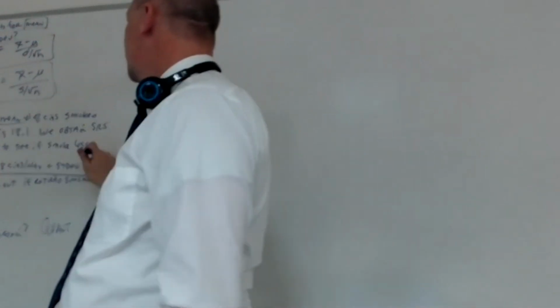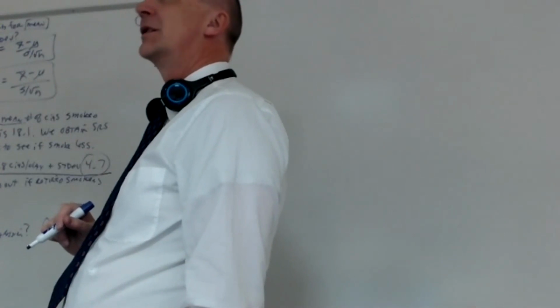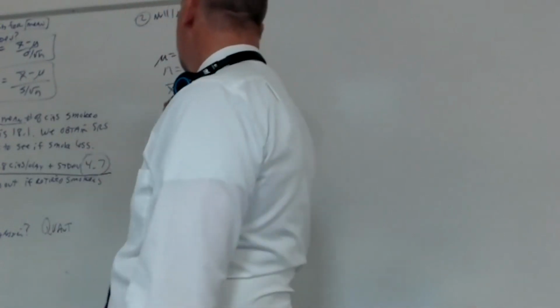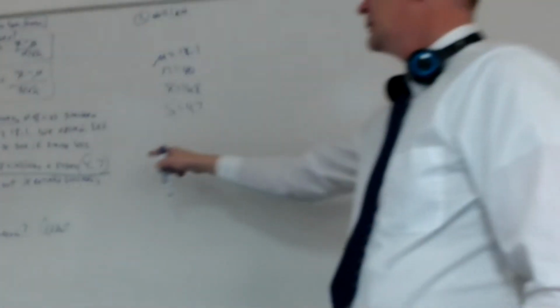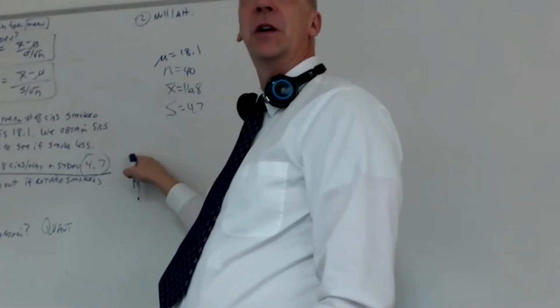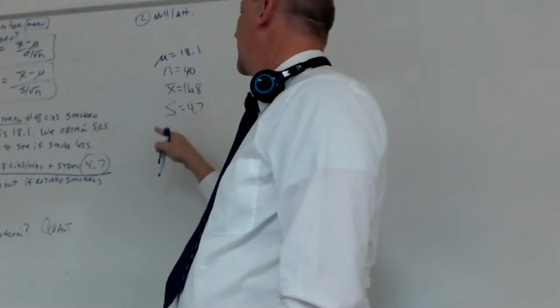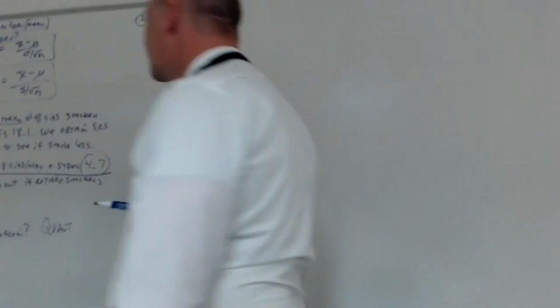Is this based on the CDC? No, it's not. So S is the correct answer there. That comes from your sample. It doesn't say sample, but that's where it comes from. Now my alpha is 0.10. That was clearly labeled.